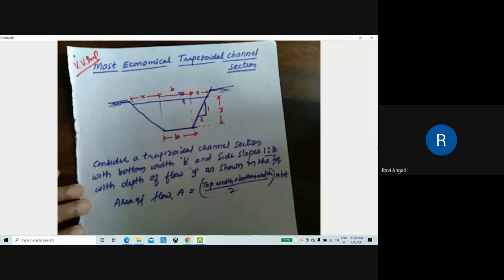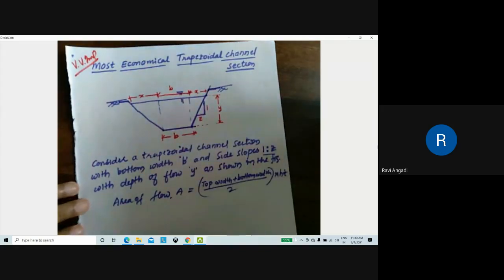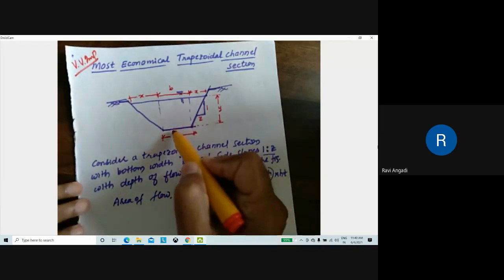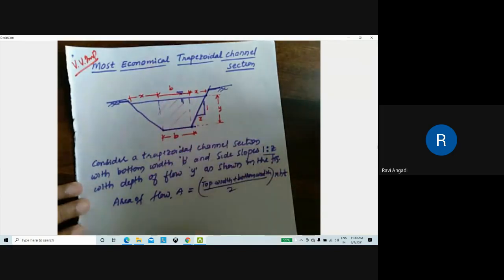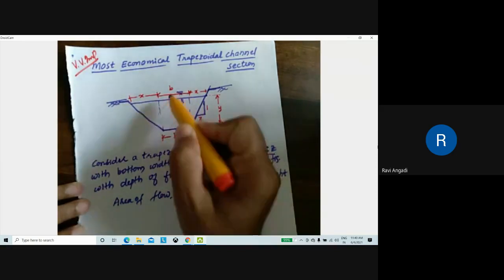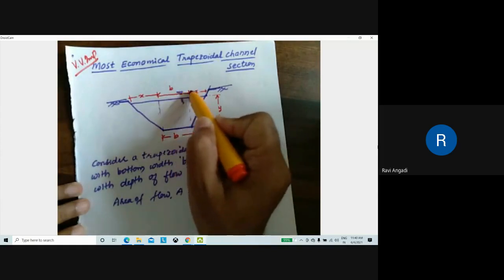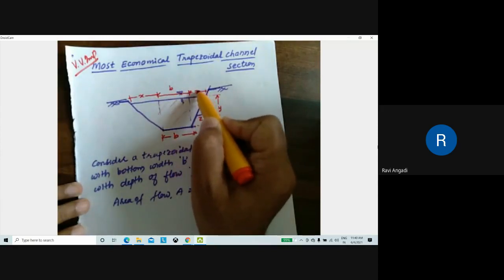Is it clear? Any doubt here? In the derivation, I have taken the central portion as a rectangle. This bottom width is B and the top width is B. But on the triangular part, the base we don't know. I have taken it as X.